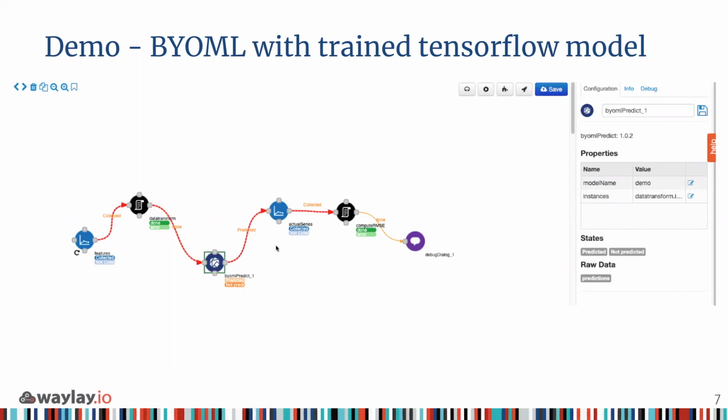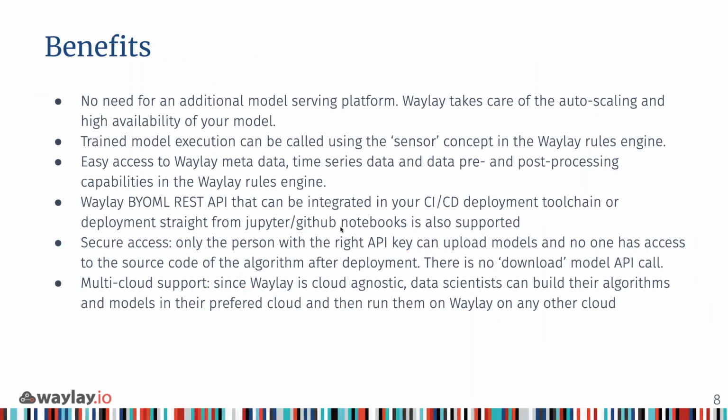Similarly, if you're using an external platform like Azure ML or SageMaker as a machine learning hosting environment, of course you can also run your algorithm and still use the Waylay rule engine to trigger that. So what are the benefits of the last approach, where we do the hosting of your model?